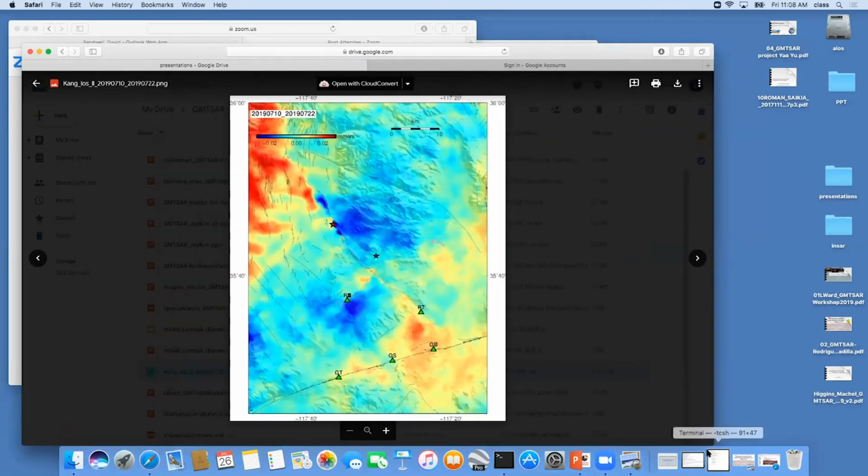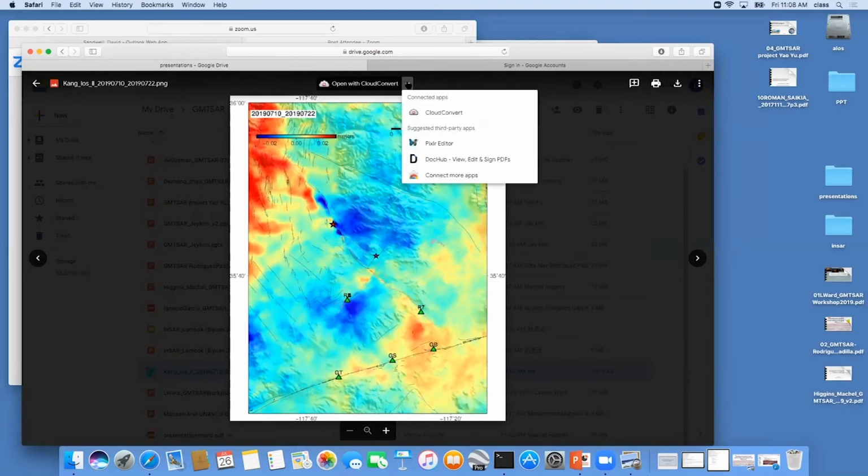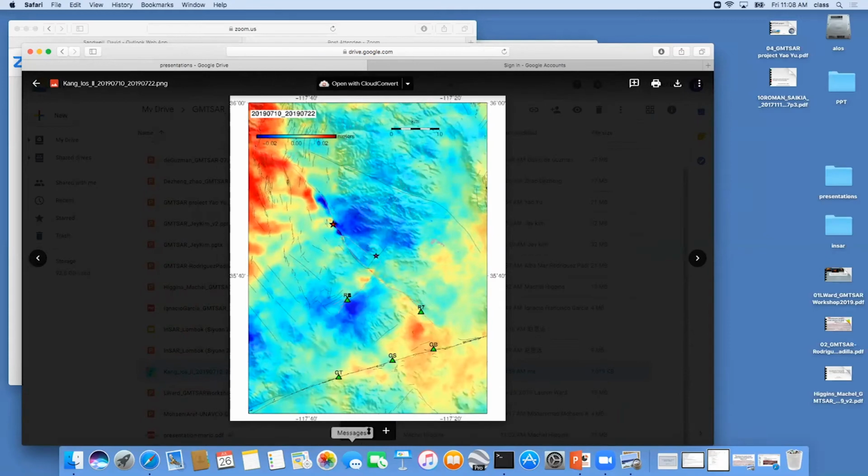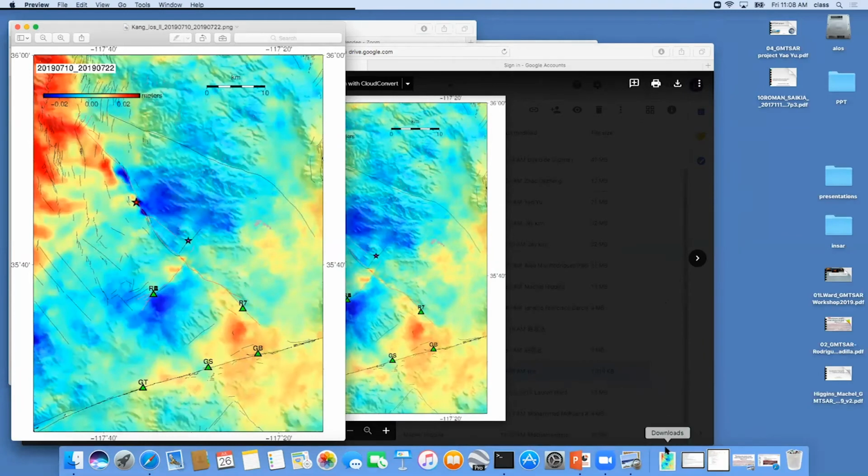So this is, I think, the same interferogram that you made. Okay, let me download it. There you go, in the downloads.